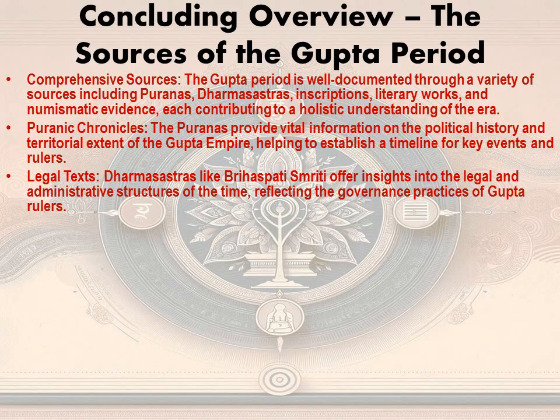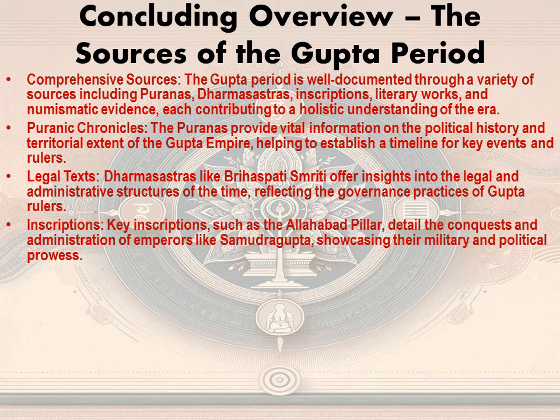Dharmashastras like Brihaspati Smriti offer insights into the legal and administrative structure of the time, reflecting the governance practices of Gupta rulers. Key inscriptions such as the Allahabad Pillar detail the conquest and administration of emperors like Samudragupta, showcasing their military and political prowess.